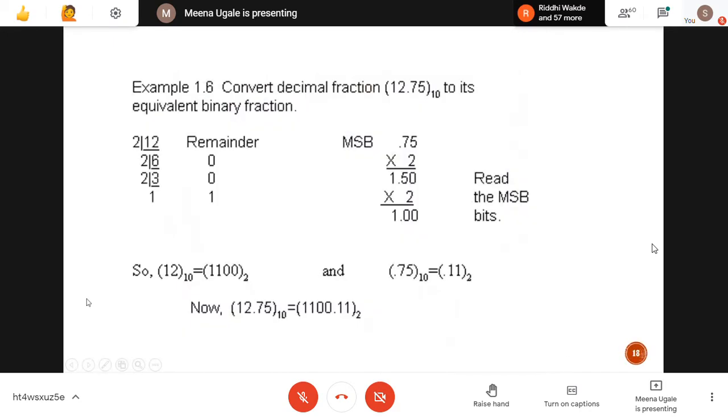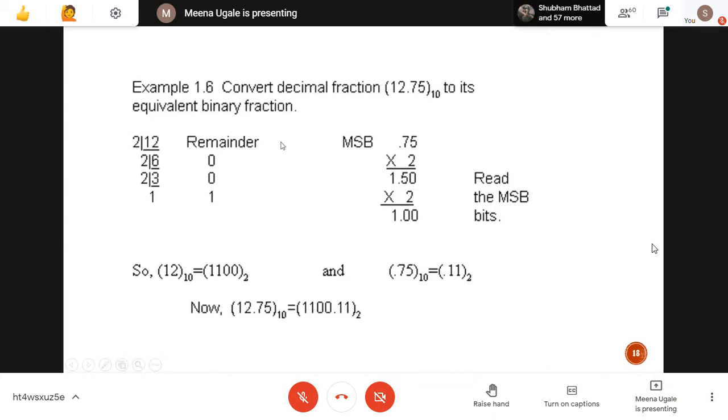See now, here I have a number wherein you have integer as well as fraction part. The number is 12.75. For 0.75, just now we have seen, multiply by 2 and read out the fraction and integer separately.